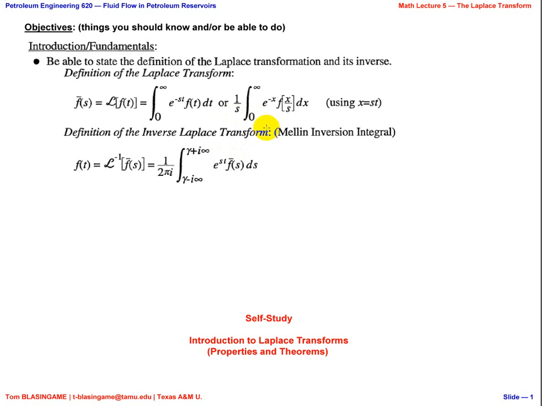So this is the definition of the Laplace transform, right? And the Laplace transform is used, and we'll cover that later today, to reduce a partial differential equation to an ordinary differential equation.